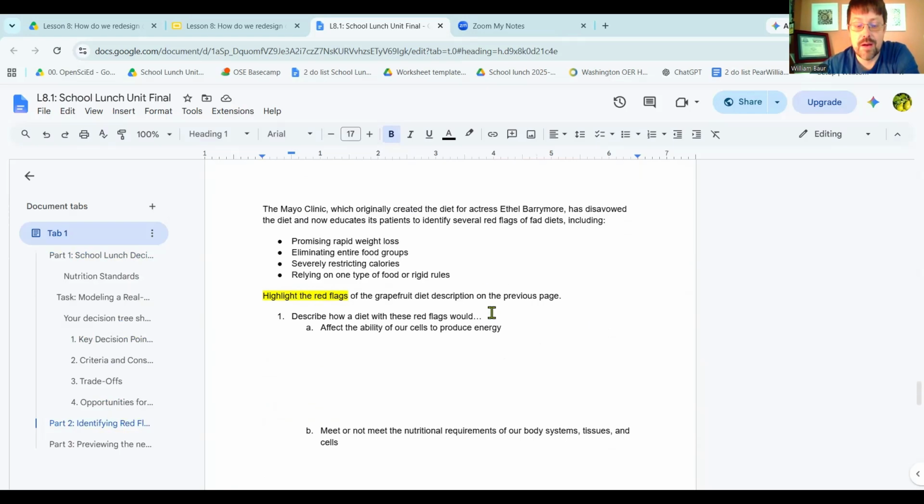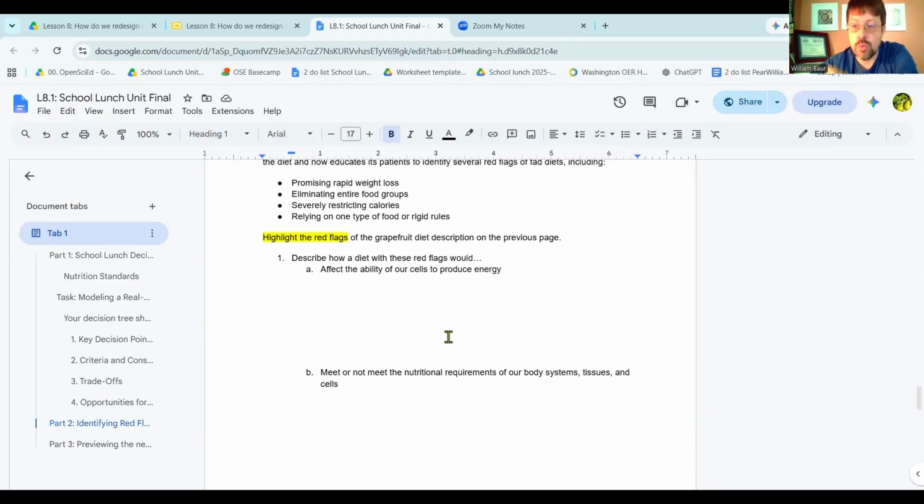And in my research, they said that these are some of the red flags to look for in diets. So after students have read through the summary of the grapefruit Hollywood diet, they go back and highlight and label the different red flags that this diet contains.